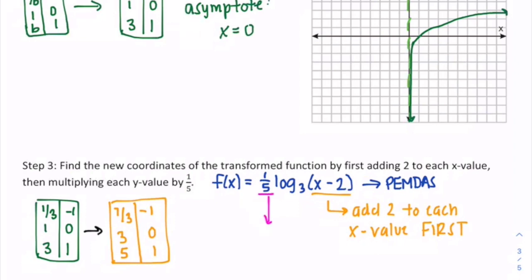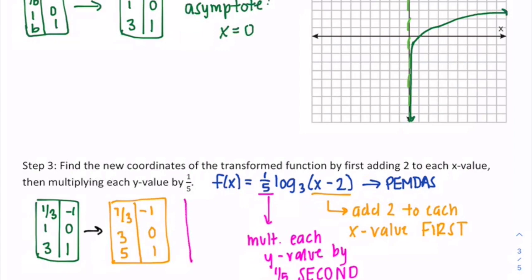In order to incorporate our second transformation, we're going to multiply each of our y values from our new orange chart by 1/5. And we're going to do this after we've already added 2 to the x values.